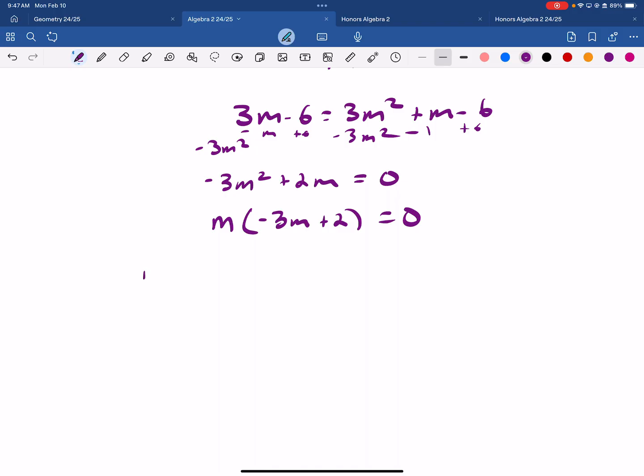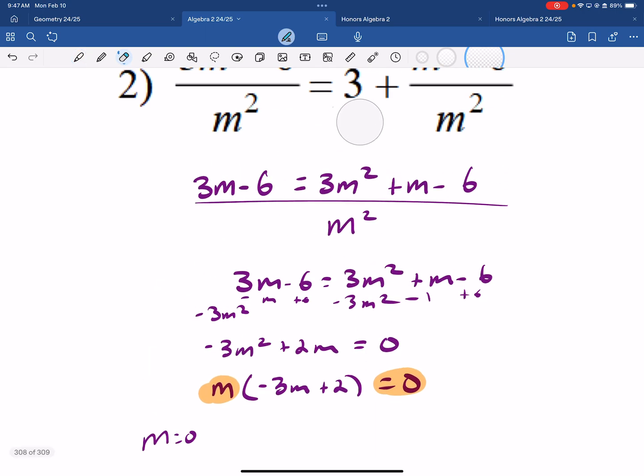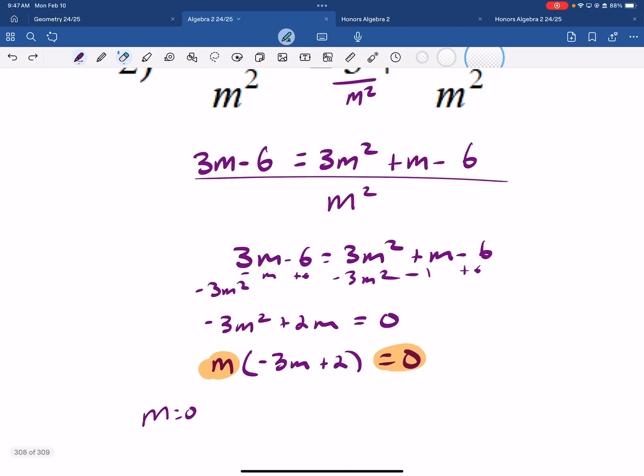So remember, we have to set both pieces equal to 0. So m has to equal 0, but remember we said that couldn't work because we have m squared in our denominator. Because we have m squared in our denominator, m squared is 0. So it can't be 0, so that's a solution that does not work.